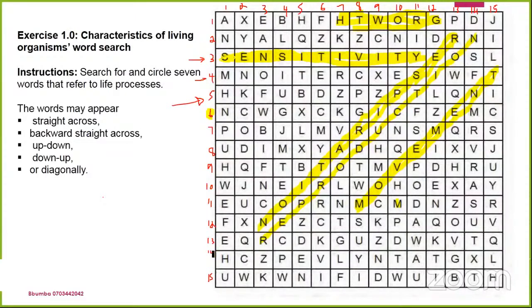Okay, I'm here on 14 now. Letter N. Going diagonal upwards to 6. Diagonal upward on the left diagonal? Yes. Okay, I'm seeing nutrition. Nutrition is there. So we have so far identified 1, 2, 3, 4, 5, 6.